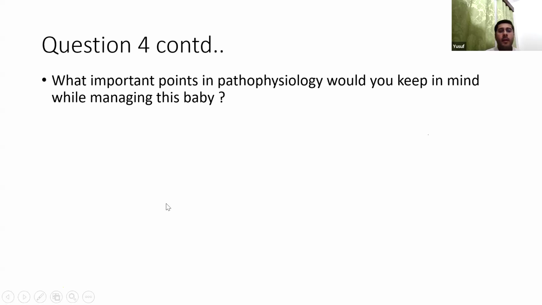Okay, so what are the important points in the pathophysiology you would keep in mind while you are managing this baby? Whether you're ventilating, whether you're managing the hemodynamics, what are the important points in the pathophysiology of the disease? Adequate recruitment.